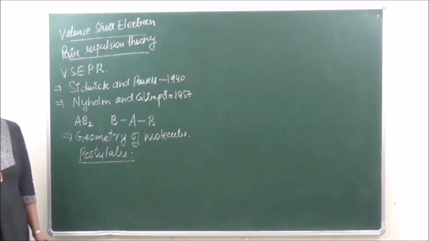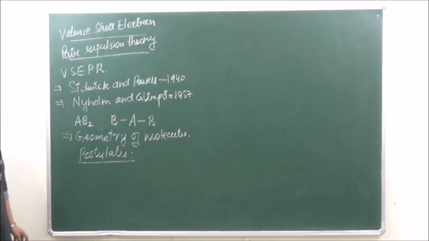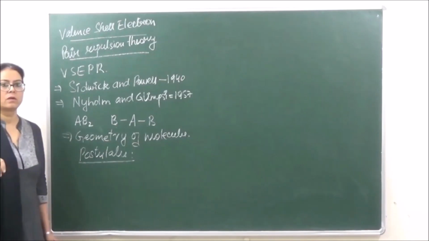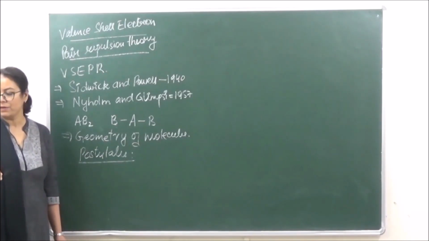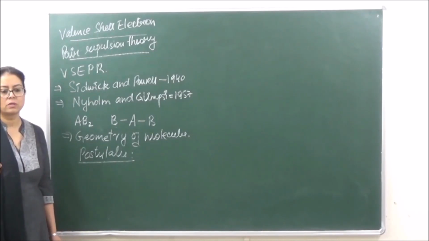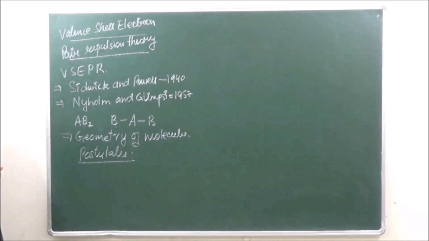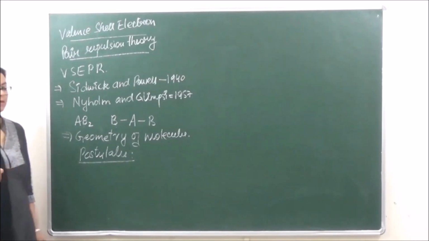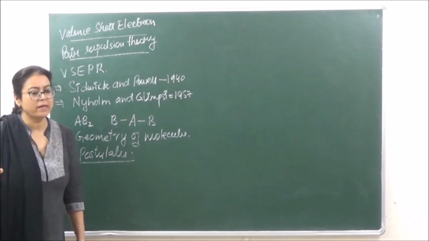Number two, pairs of electrons in the valence shell repel one another since their electron clouds are negatively charged. Okay?